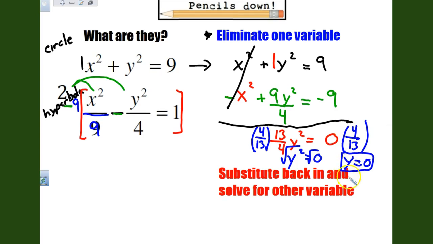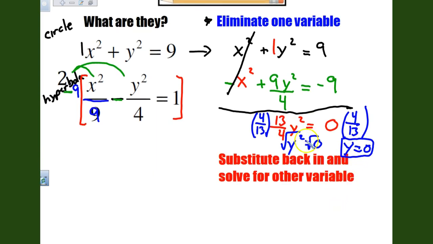And then the same idea is that we have to take our y, plug it back into either one, and get what x is. Now, it definitely looks like the top equation is easier to work with, so I would advise always plugging into the more simple looking equation.